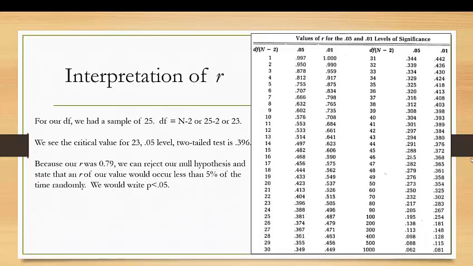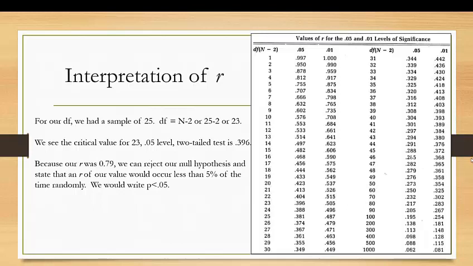So because our R, our rho, correlation coefficient was 0.79, higher than our critical value, then we can reject our null hypothesis that said that there is no relationship, and we can state that R, a correlation coefficient of our value would occur less than 5% of the time randomly.